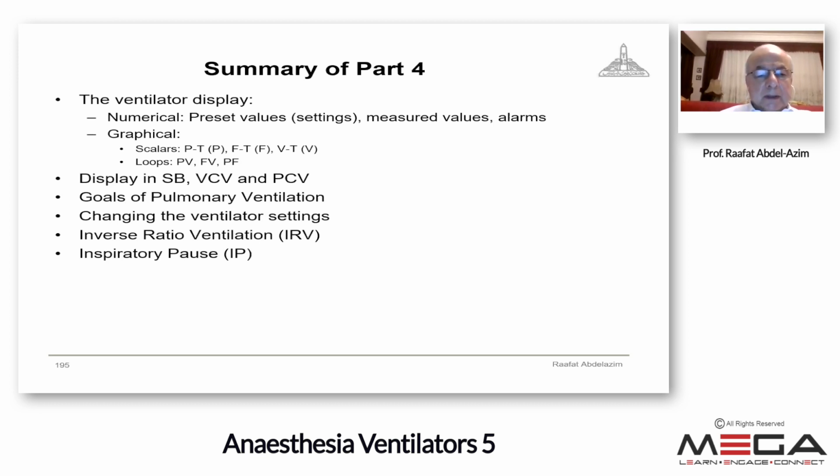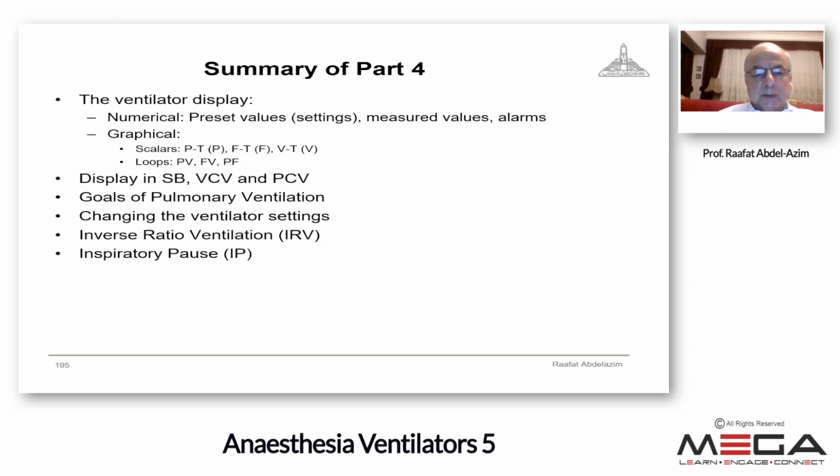Also, regarding the goals of pulmonary ventilation, an adequate minute volume for having the desired CO2, and how we calculate the minute volume, and why to increase or decrease it. Changing of the ventilator settings, each one, if we change, how does it affect the other settings?